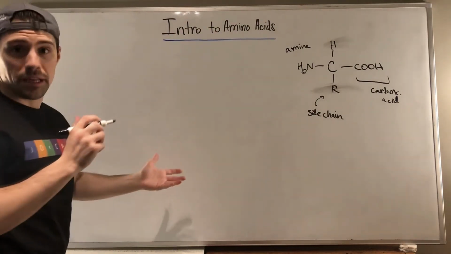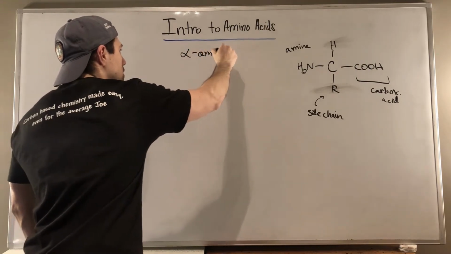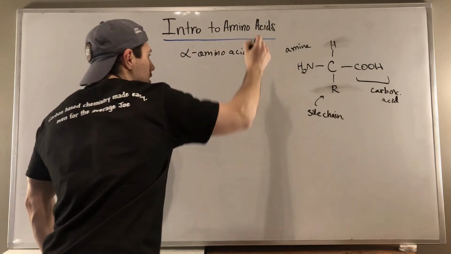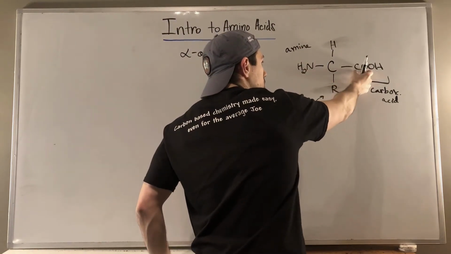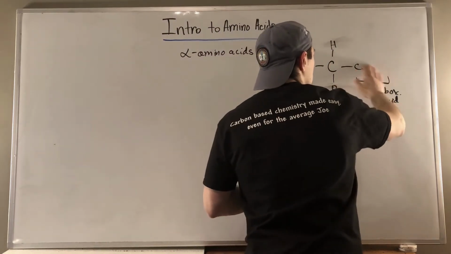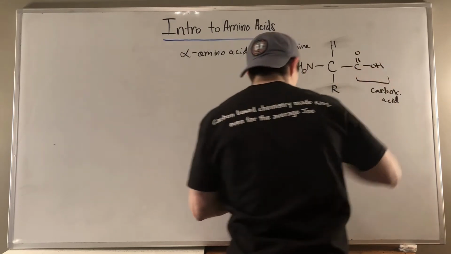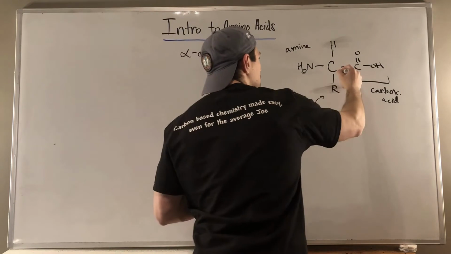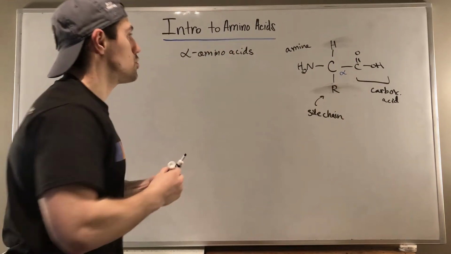Okay, so other words for amino acids, people like to call these alpha amino acids. And that makes sense, right? Because there's a carbonyl here, and because we know organic chemistry, we know that this right here is the alpha position. And on the alpha position, that's the carbon that's attached to the amine.